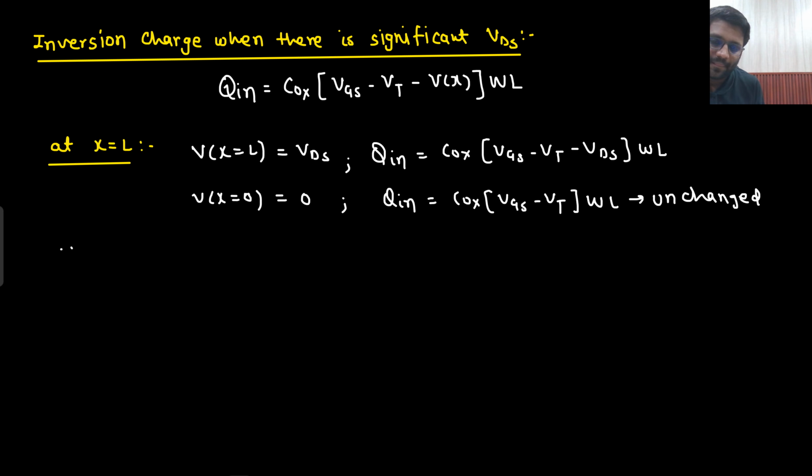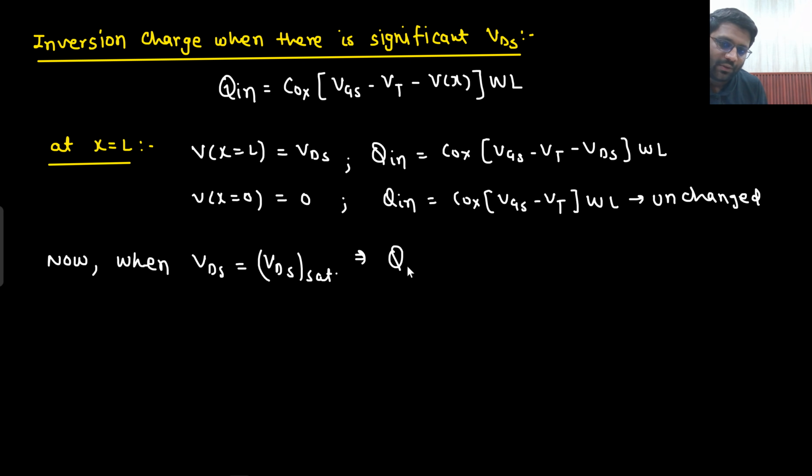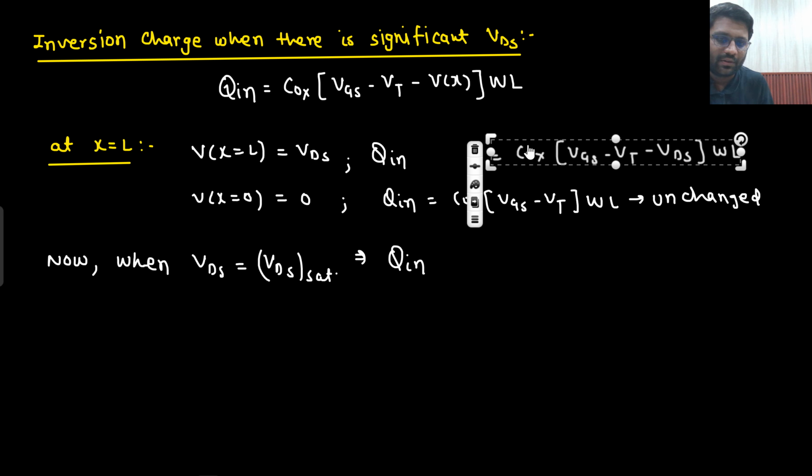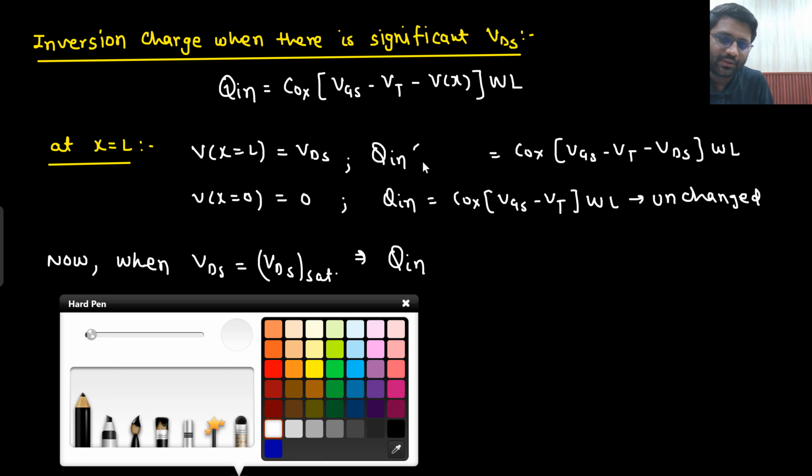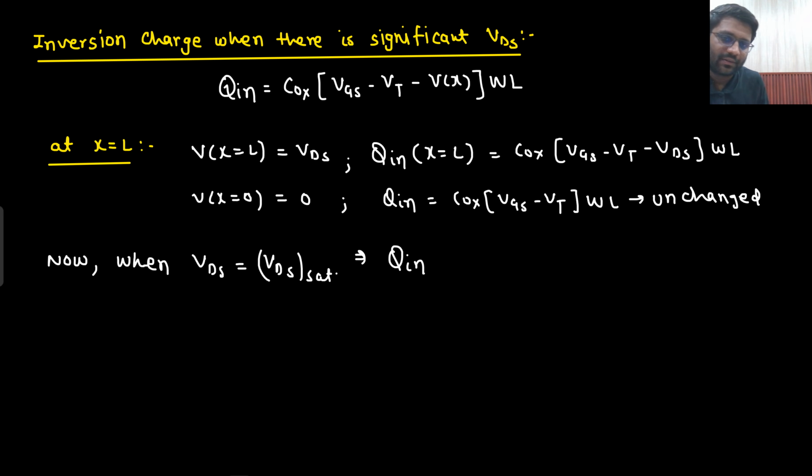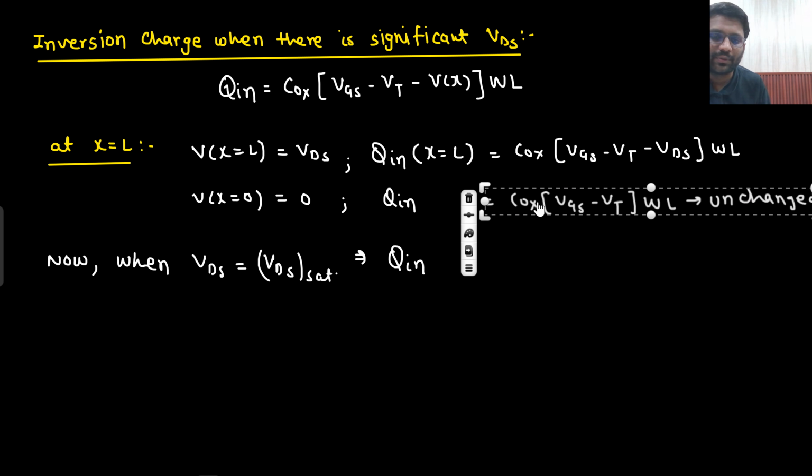Now, when VDS equals VDS set, then Q inversion. Here also I can do one thing: Q inversion at x equals to 0 I should put.